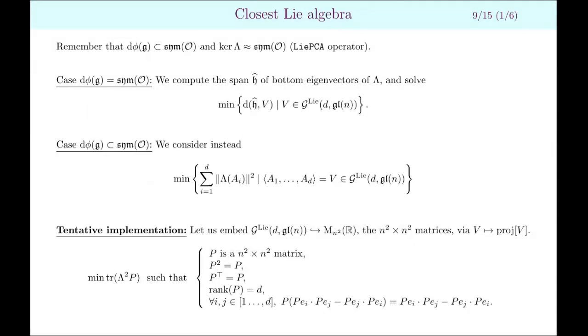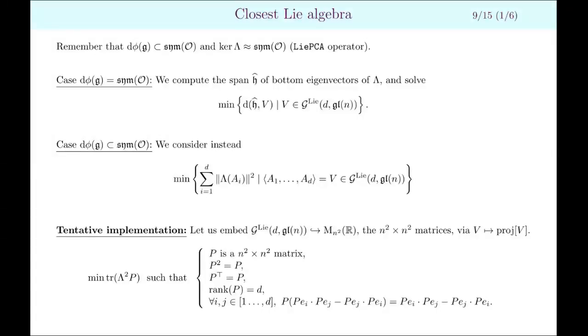So I told you that we had this temporary hypothesis. Under this assumption, we compute through LPCA what should be the symmetry algebra. And we want to find the closest Lie subalgebra. If you have only an inclusion between these two sets, you can consider this problem instead.